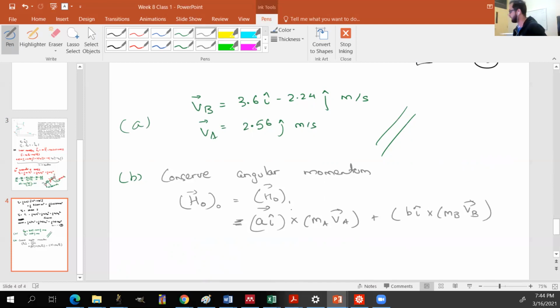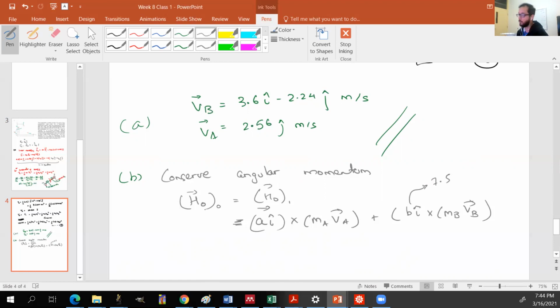And this VA and VB are known to you now, and B is also given to you in the problem: B is equal to 7.5. So here, you only have the one unknown A that you ultimately end up solving for.